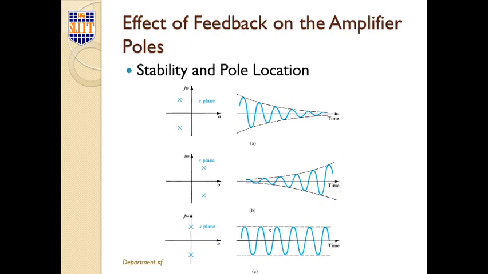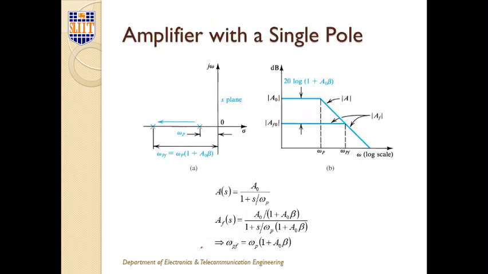For sustainable oscillation, you need the poles to be exactly on the imaginary axis, so the real component to be 0. So exactly the poles are on the imaginary axis, and that will give you proper oscillation.